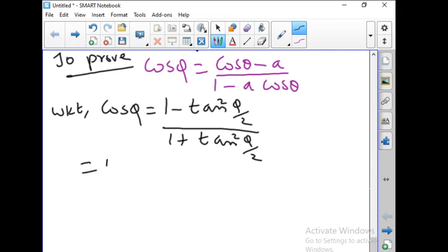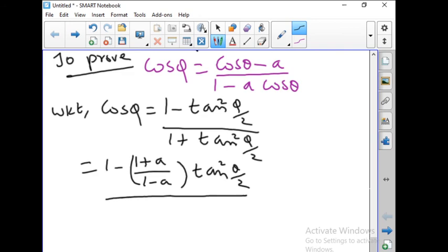So what we get? 1 minus 1 plus a by 1 minus a, square root is removed because we are having square, into tan square theta by 2 divided by 1 plus a by 1 minus a into tan square theta by 2.